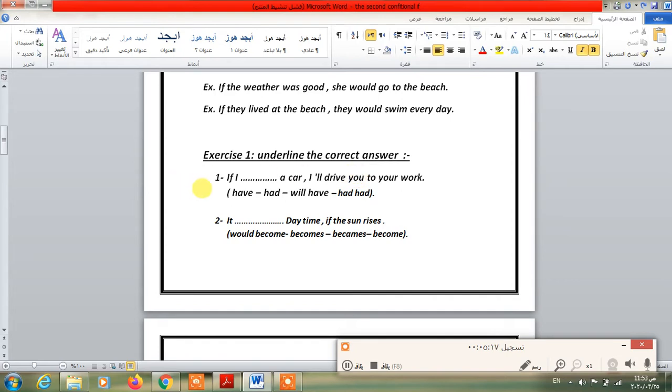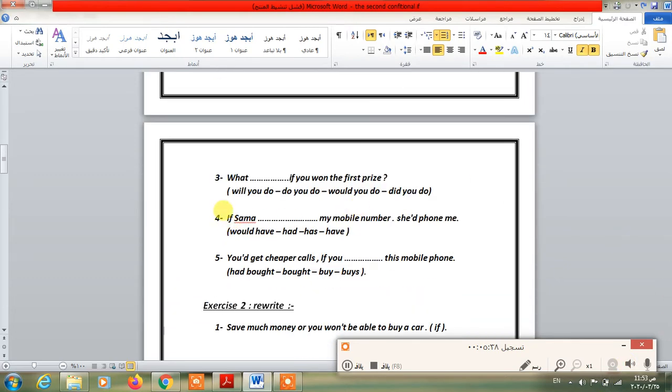I will use present and the second also present, so I will use becomes. It is a fact, so I use present simple. It becomes daytime if the sun rises. It's a fact.